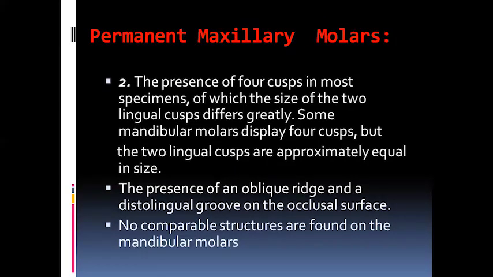There are four cusps in most specimens, of which the two lingual cusps differ greatly in size. Some mandibular molars display four cusps, but the two lingual cusps are approximately equal in size. There is an oblique ridge and a distolingual groove on the occlusal surface. No comparable structures are found on the mandibular molars.